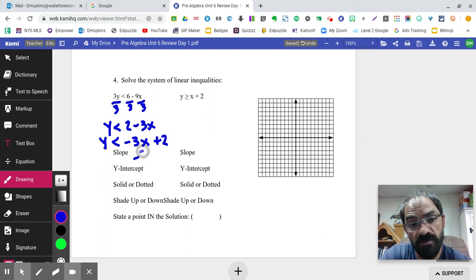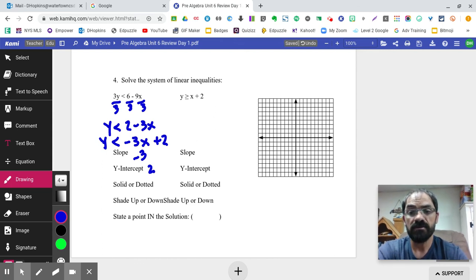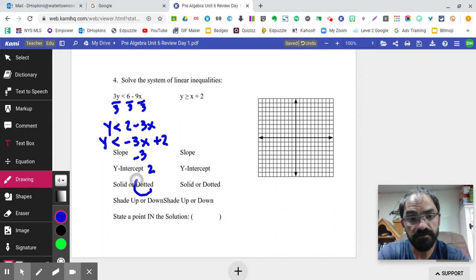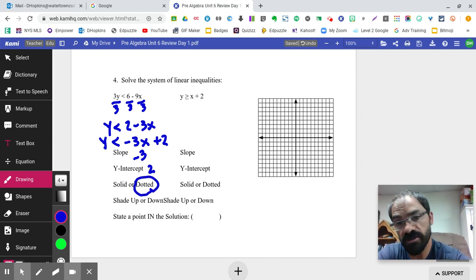The slope is negative 3. The y-intercept is 2. Now, solid or dotted. When it was only less than, not a chance it's equal to, then that was a dotted line. So let's graph this. Y-intercept is 2, crosses the y-axis at 2.